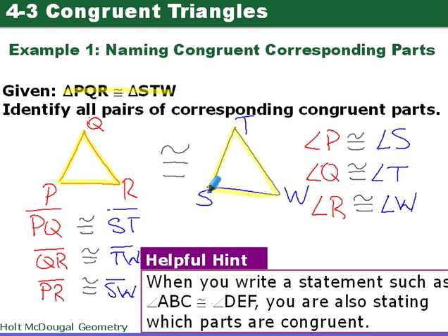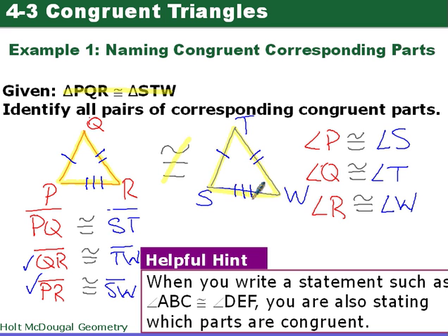Those are our 2 triangles, and we're told that they're congruent. So segment PQ is congruent to segment ST. QR is congruent to TW. And then we have PR is congruent to SW.